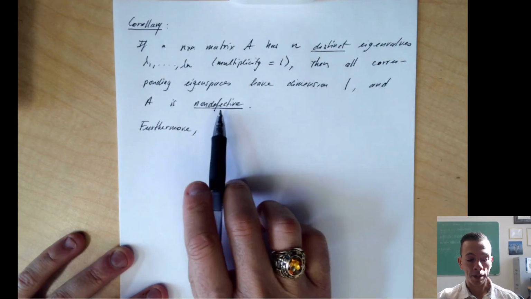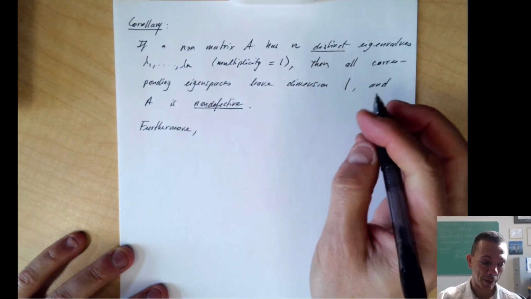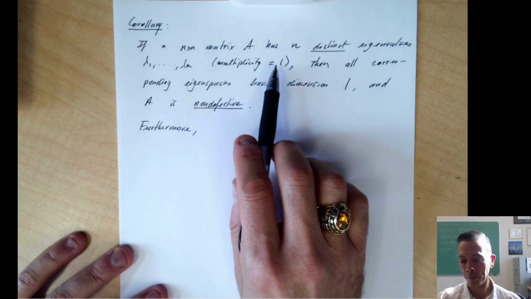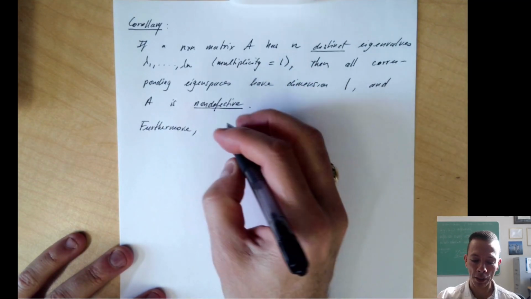So furthermore, in this particular case, eigenvectors that come from different eigenvalues will be linearly independent.